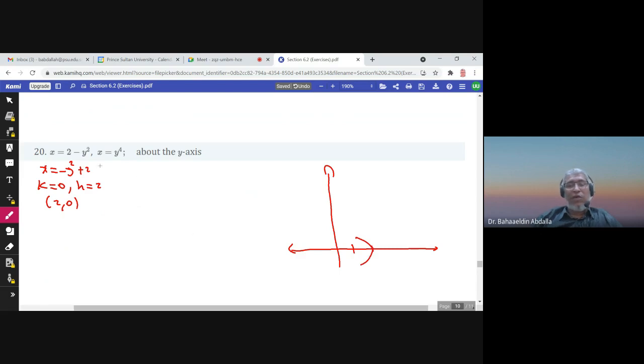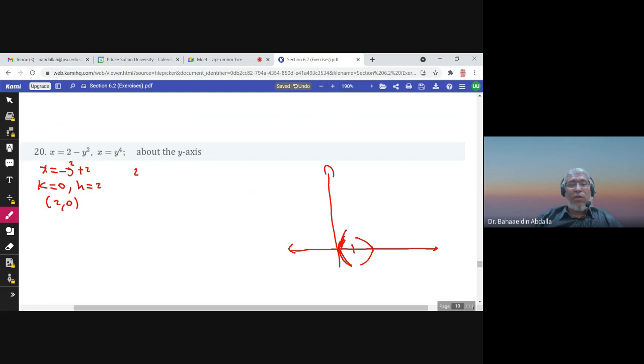And the line x equals y to the power 4 is similar to x equals y squared. So it passes by 0, 0, and it opens like this. It goes like this. So we need to find the intersection points between these two curves.